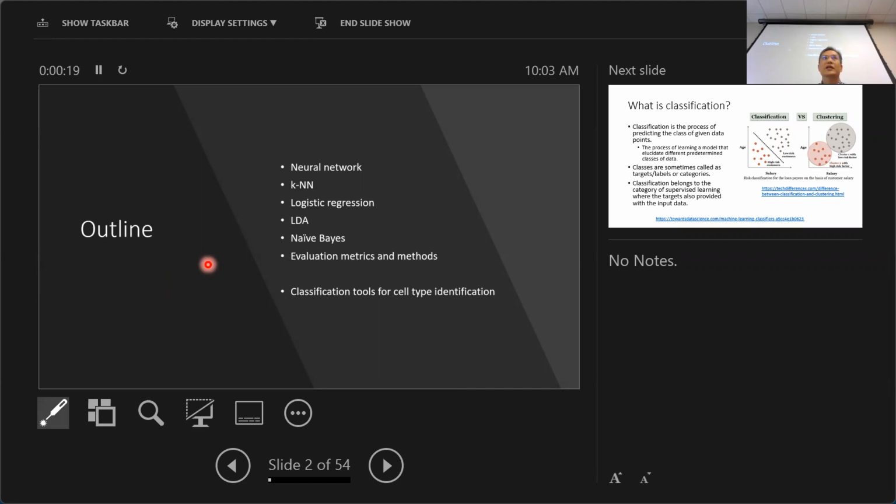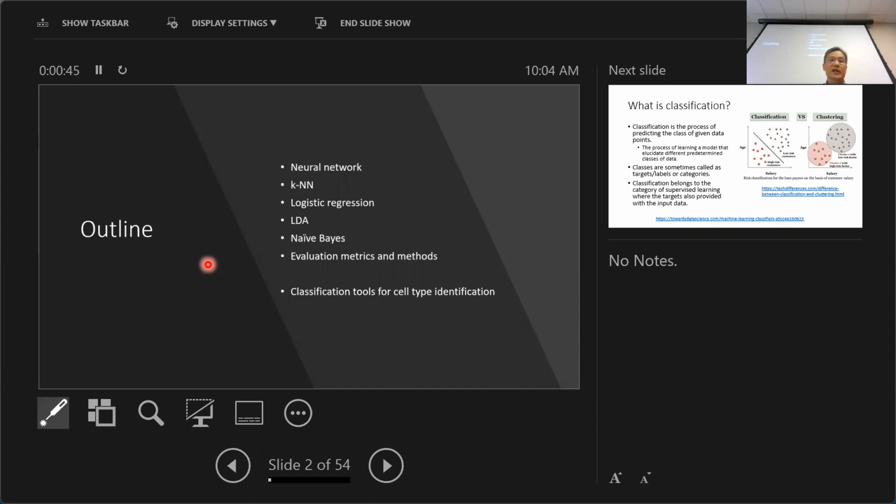I sent you a link that leads you to Twitter. One of the investigators just complained yesterday about their study to classify the cell type. I can show you this later. But anyway, to make this course complete, I have to mention all these machine learning approaches used for classification purposes.